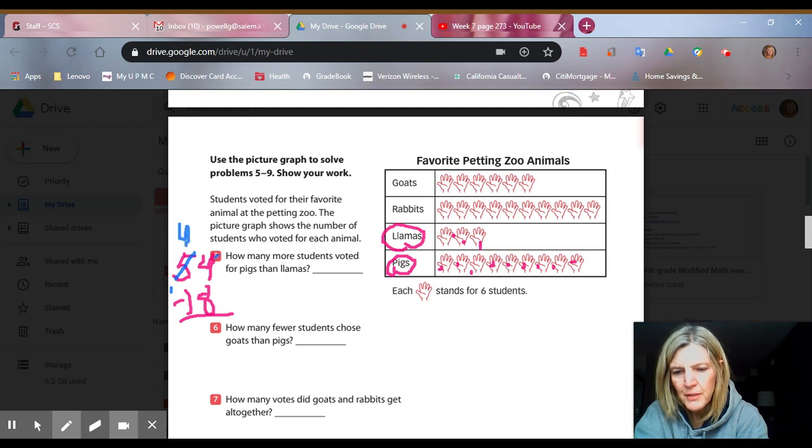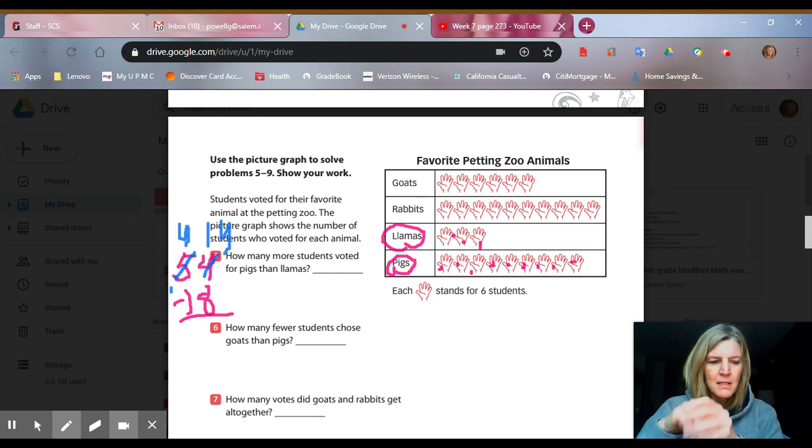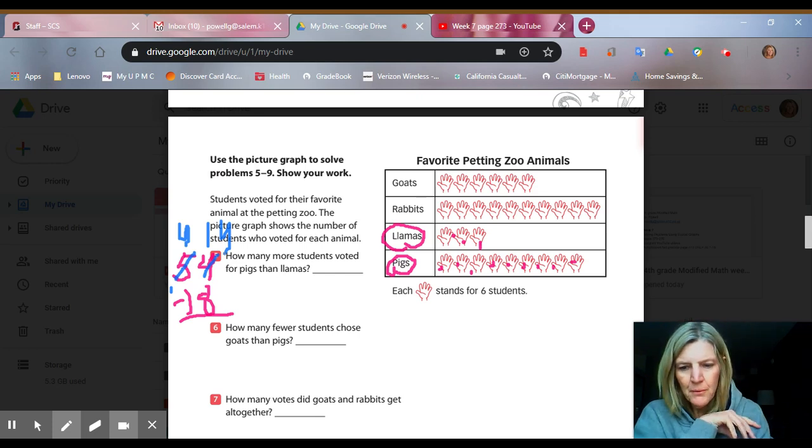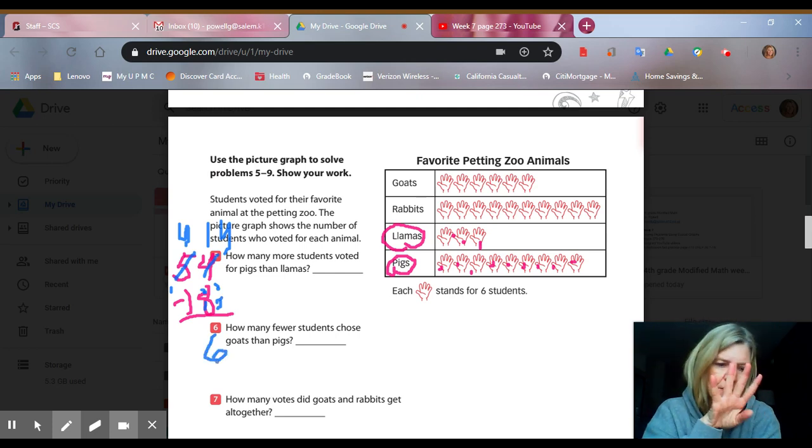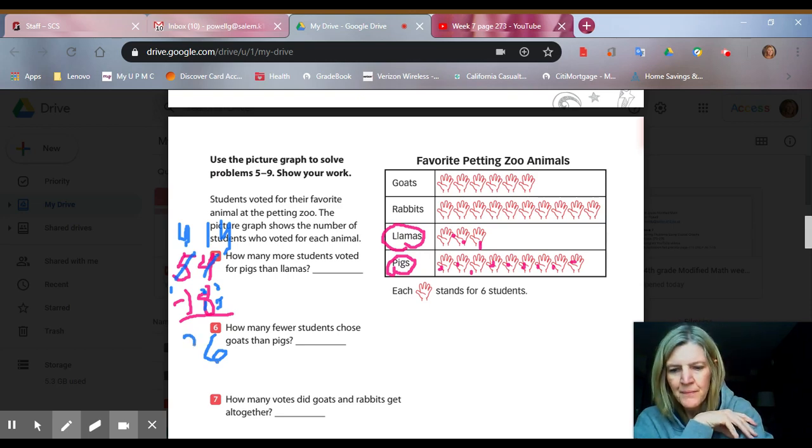Bring it over to your 4 here, and you have 14, take away 8. Let's count backwards. 14, 13, 12, 11, 10, 9, 8, 7, 6. 14, take away 8 is 6. And 4, take away 1 is 3.